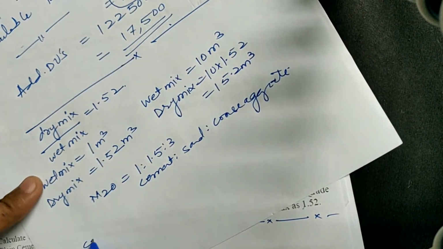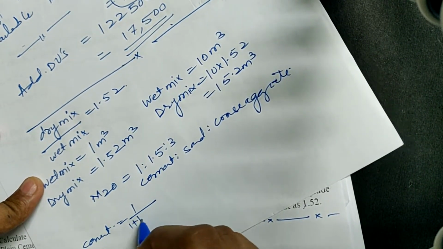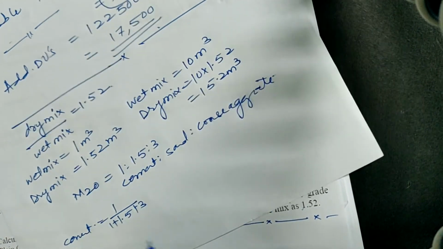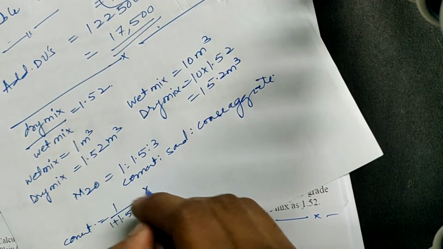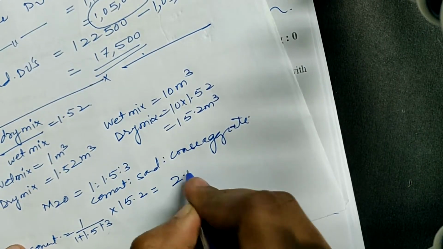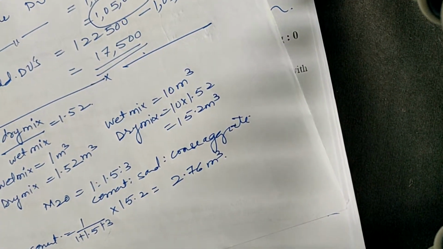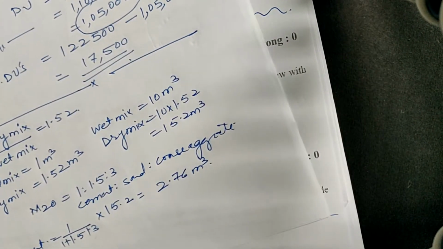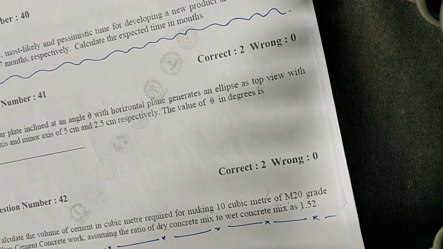Therefore your cement would be 1 by 1 plus 1.5 plus 3. So one part is cement out of this part multiplied by 15.2, which is equal to 2.76 meter cube. This is the amount of cement in this mix.